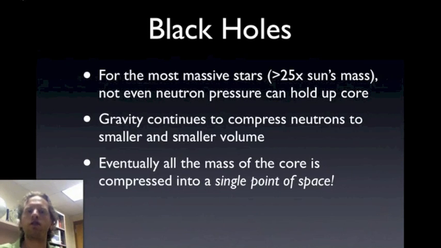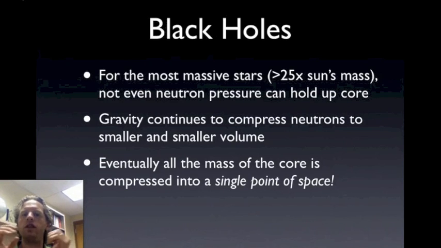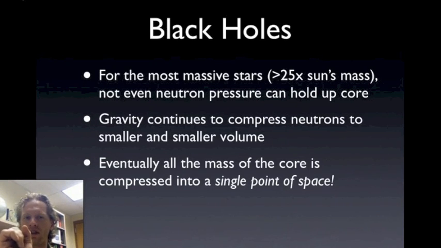So you have so much gravity pushing in, there's so much mass, that when that core collapses, you now have a bunch of neutrons. Not even those neutrons are able to hold up to that gravity. And so that core, it doesn't just stop when it makes neutrons. It keeps on getting smaller, keeps on getting smaller. And gravity collapses that core into a smaller and smaller volume until it's literally just a single point in space.